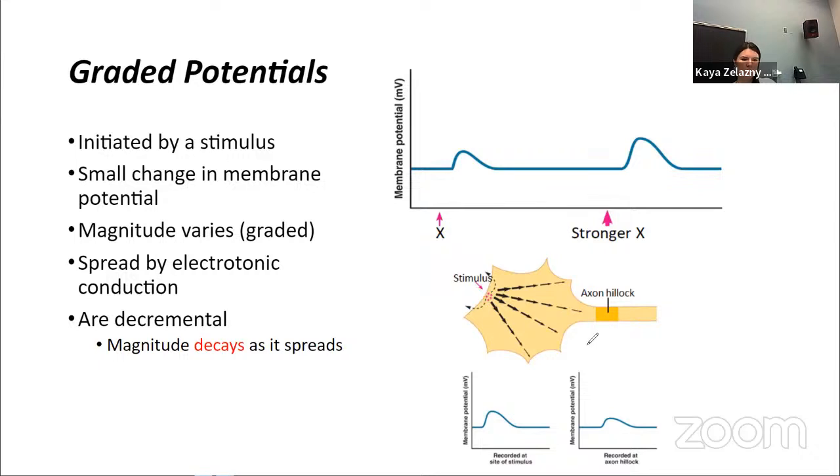What we are ultimately going to be focusing on when we think about the action potential is changes to the membrane potential of the axon hillock, which is the part that leads us into the axon, into that long skinny part. So we're going to be thinking about stimuli coming into the body of the cell, the soma, at all sorts of places.